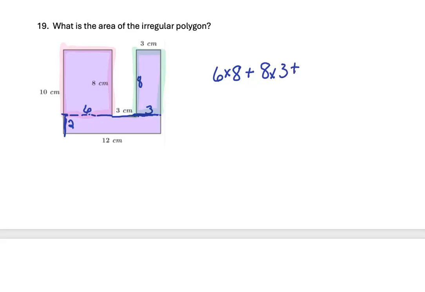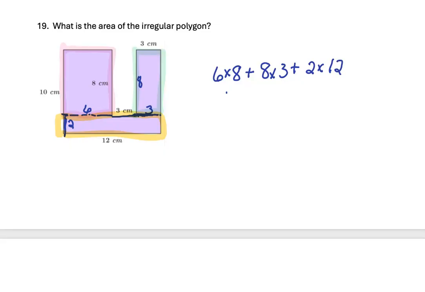And then we have our last rectangle across the bottom here. As we look at that one, that is a 2 by 12. So we're going to multiply 2 times 12, and then add up these 3 areas.